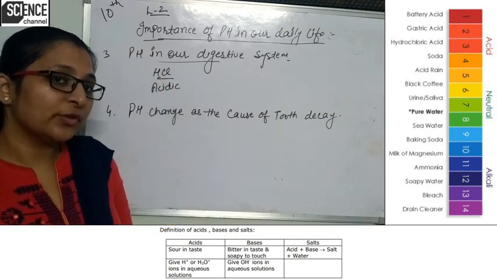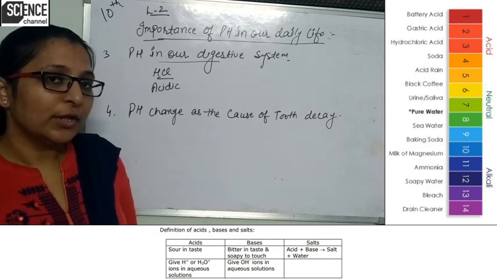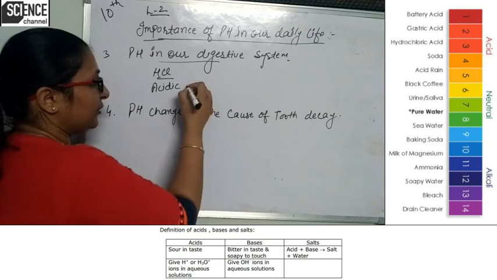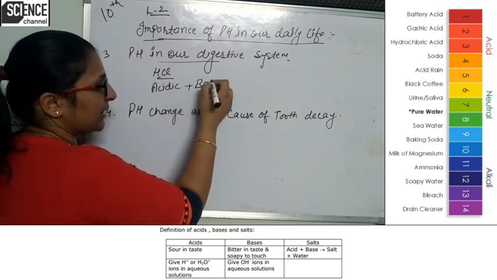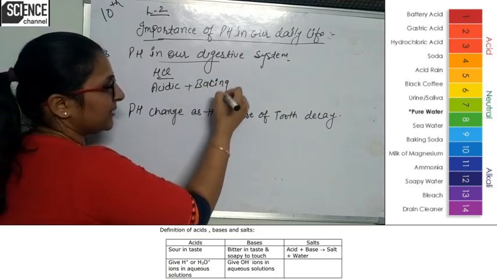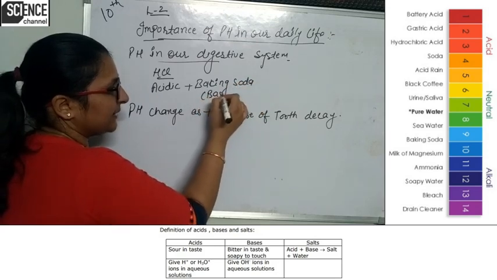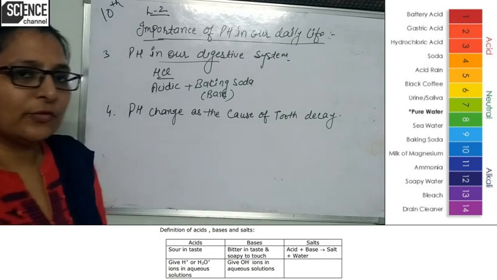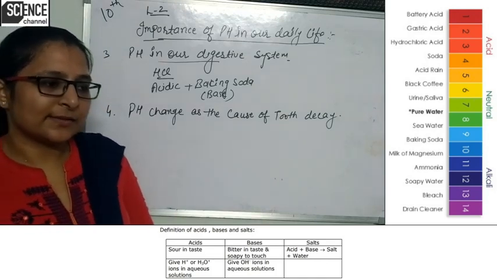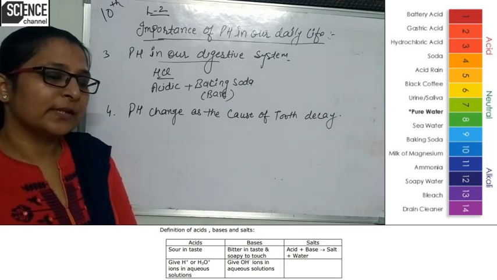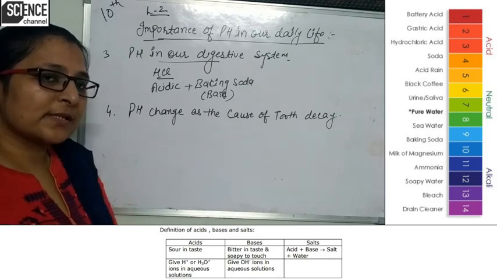Now, what should we do to neutralize that effect? To neutralize it, we use baking soda, which is of a basic nature. You may have heard at home that acidity is formed in our parents' stomach.